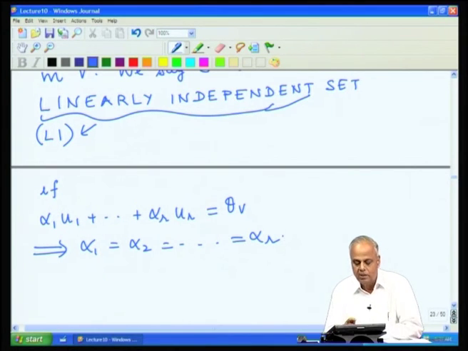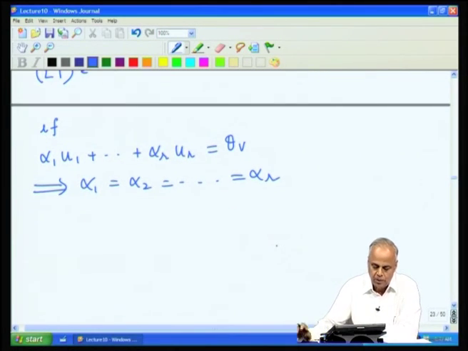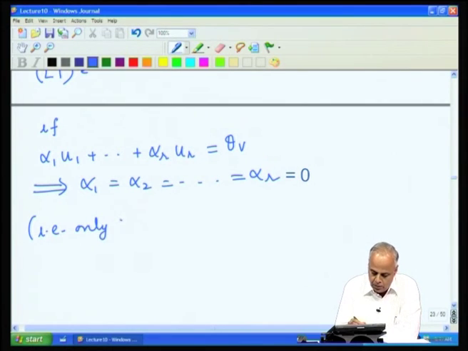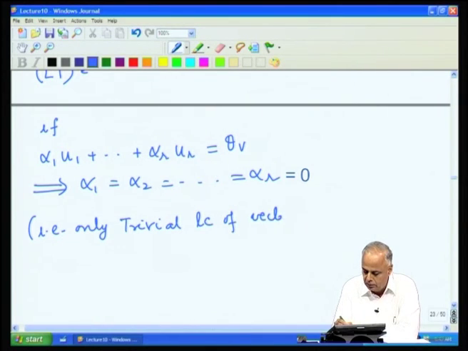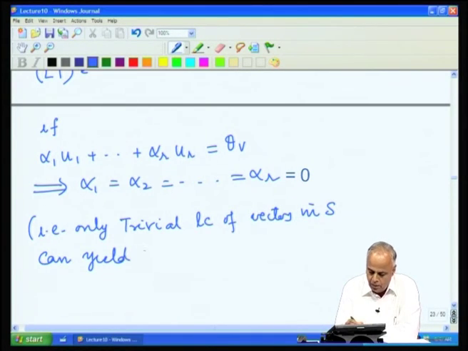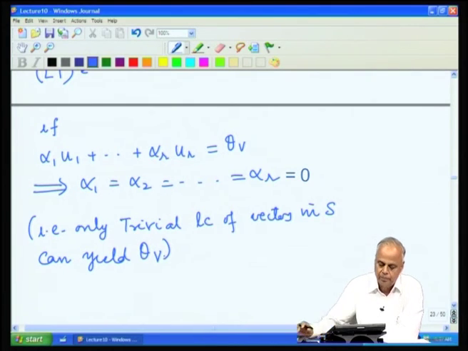Nothing else can give us the 0 vector. That is, only trivial linear combination of vectors in S can yield the 0 vector.